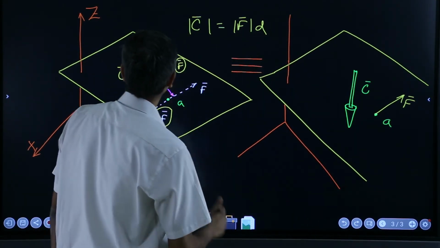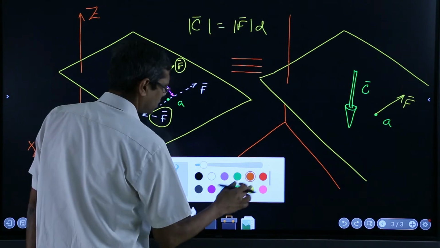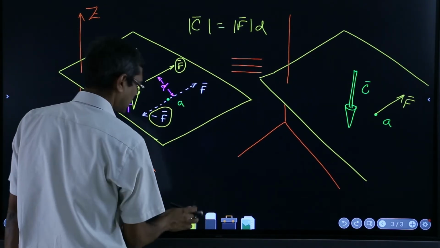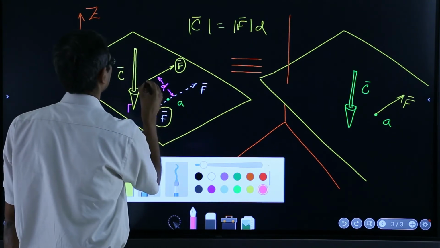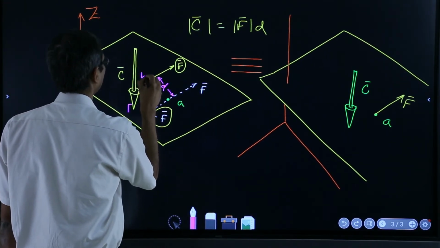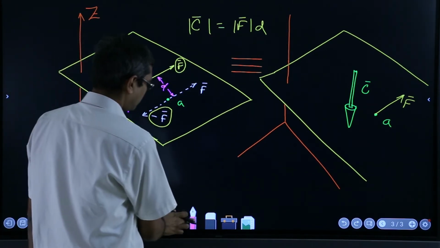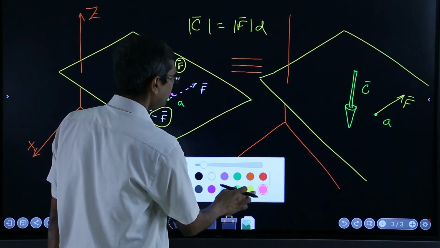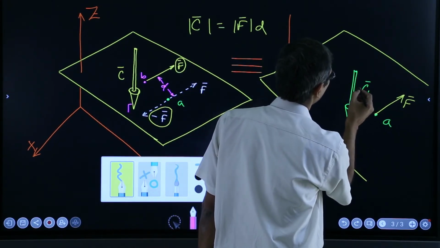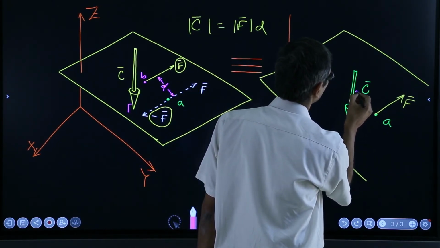So let me say the initial point was here. Let me suppose this initial point was B. Initially the vector was passing through B, and now if I want to show that B, maybe it is somewhere here still.